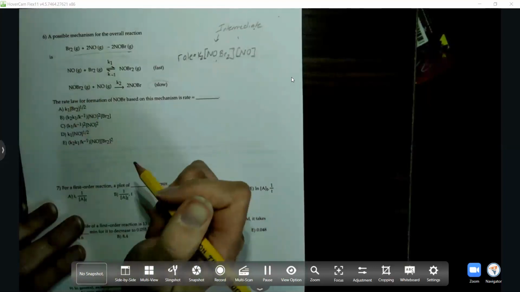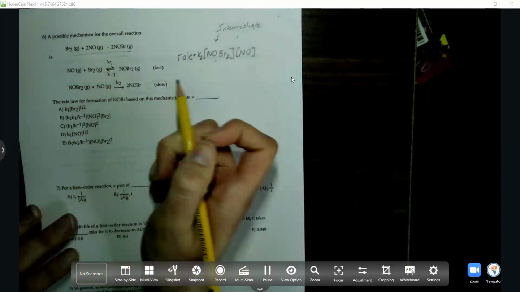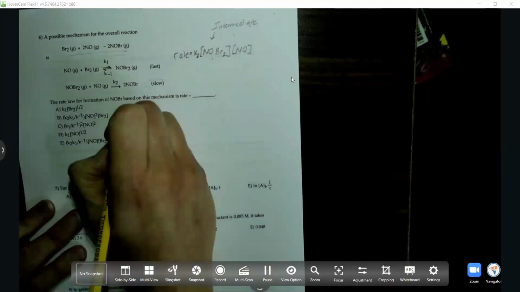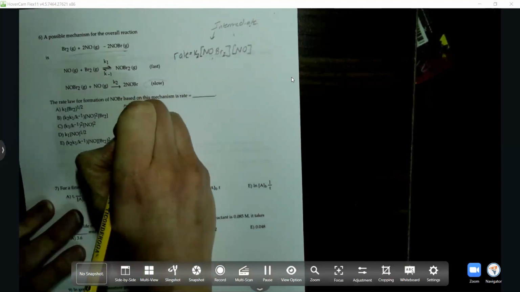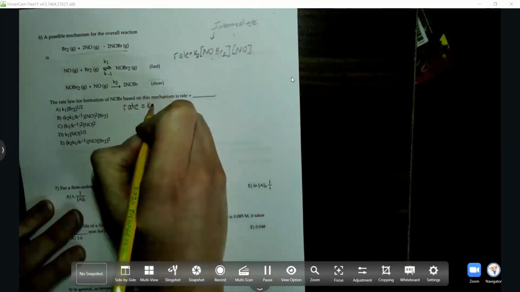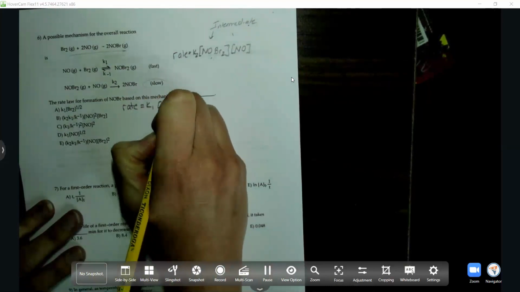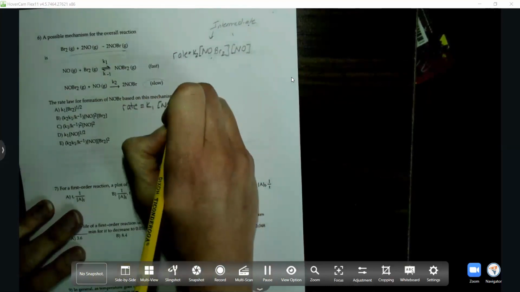That's possible because this reaction is at equilibrium. So the rate of the forward reaction is equal to the rate of the reverse reaction. Our forward reaction rate is equal to K1 times NO times Br2.